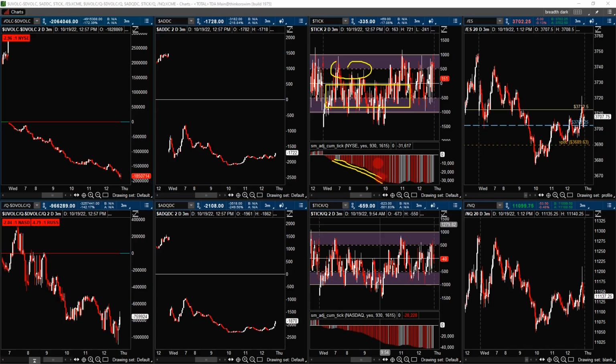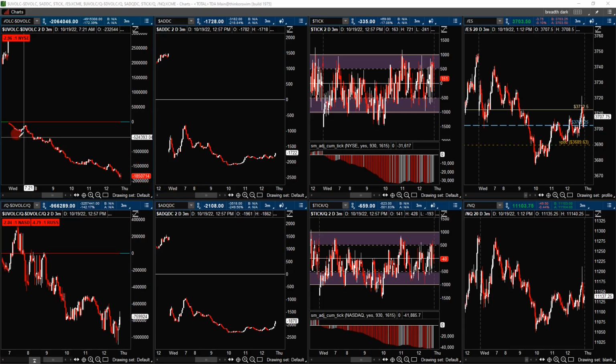Cumulatively, it is getting lower and lower, and then flattened off into the afternoon and into the close. Those are some of the things to keep an eye on when you're watching the internals for day trading or for daily monitoring of what the market is trying to do.